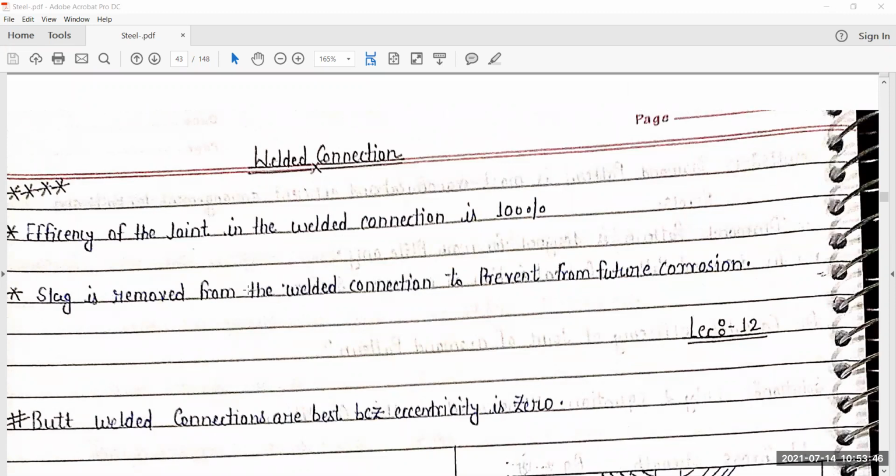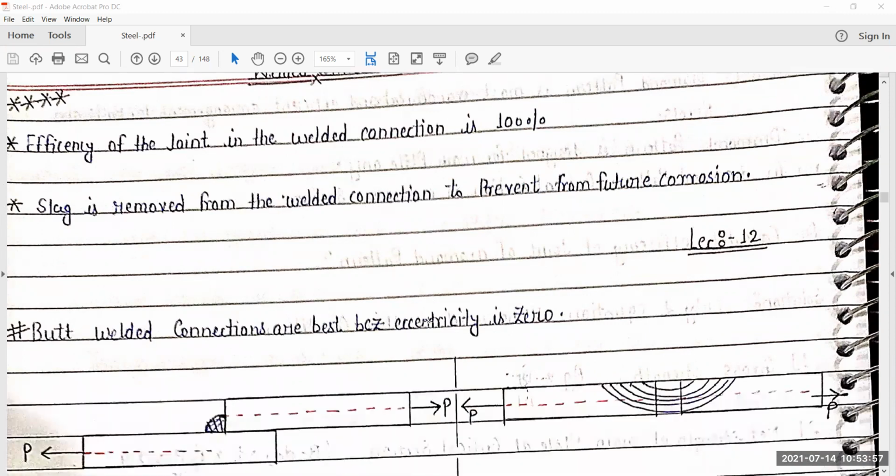Efficiency in the very condition is 100%.